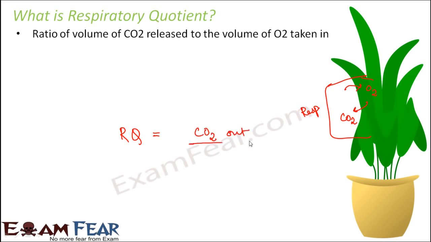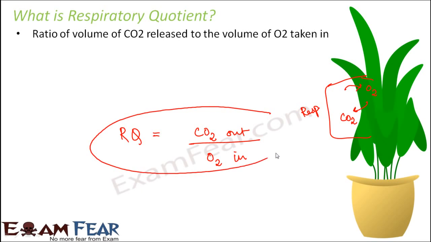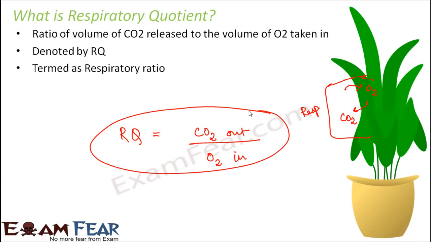So CO2 out by O2 in. This ratio tells us how much carbon dioxide the particular substrate is capable of giving out when it takes in a particular amount of oxygen. This is denoted by RQ, and it is also known as respiratory ratio because it is a ratio of two volumes. It is a dimensionless number.